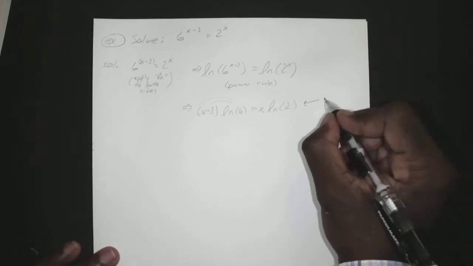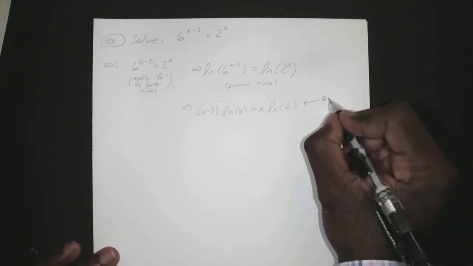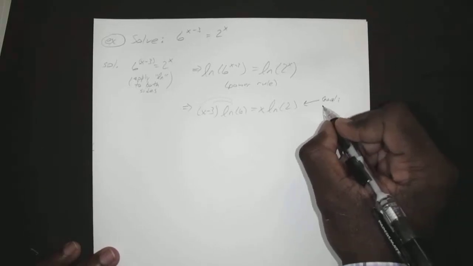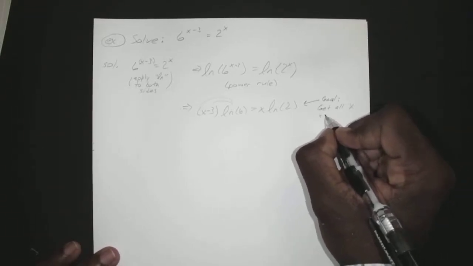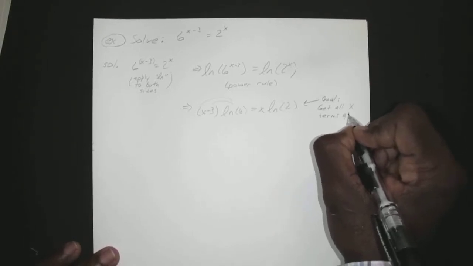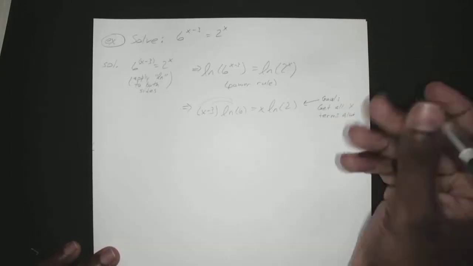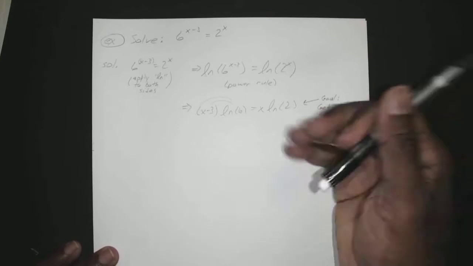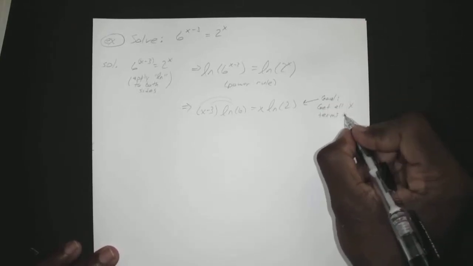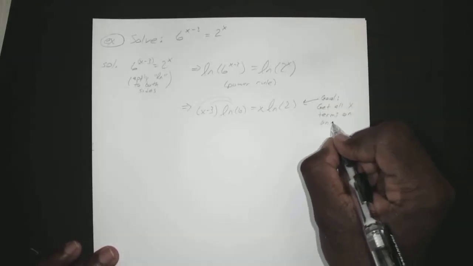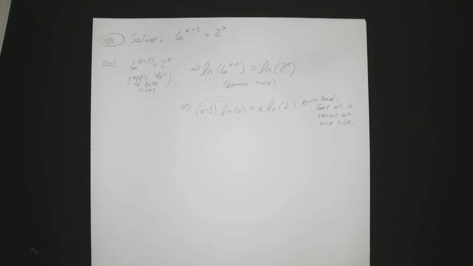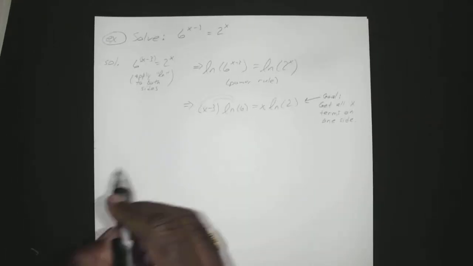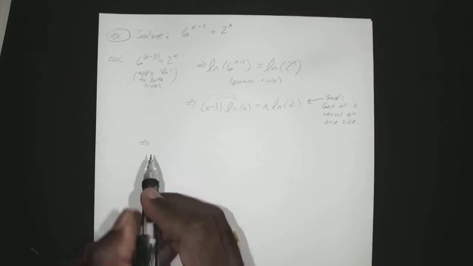Okay, so at this point, your goal is to get all x terms on one side. Alone isn't really correct.